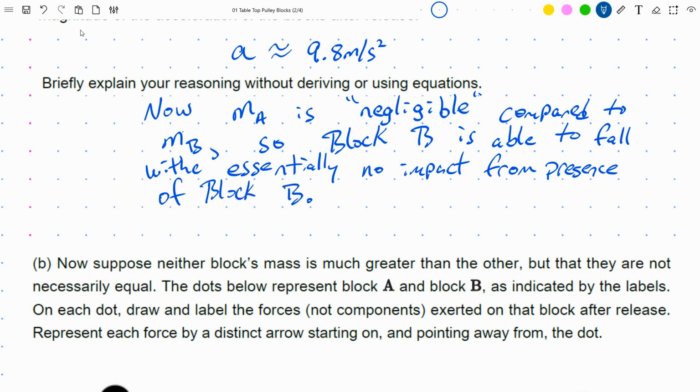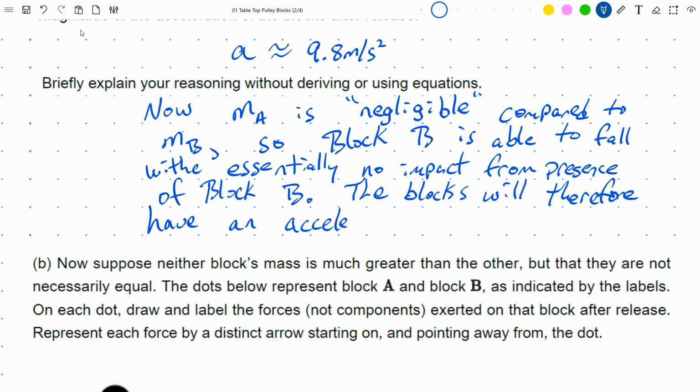And again, coming right back to my answer, because that's what I'm trying to justify. I'm trying to explain how I arrived at that answer of 9.8. So the blocks will therefore have an acceleration of very nearly free fall.